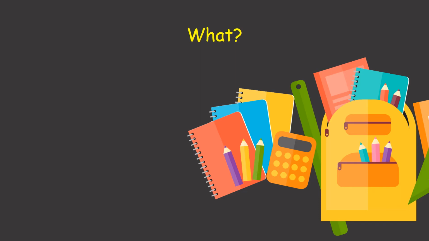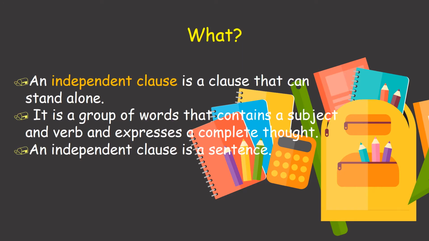Okay, now you have learned what is a simple sentence. A simple sentence has one independent clause. Okay, a little bit of review. What is an independent clause? An independent clause is a clause that can stand alone.